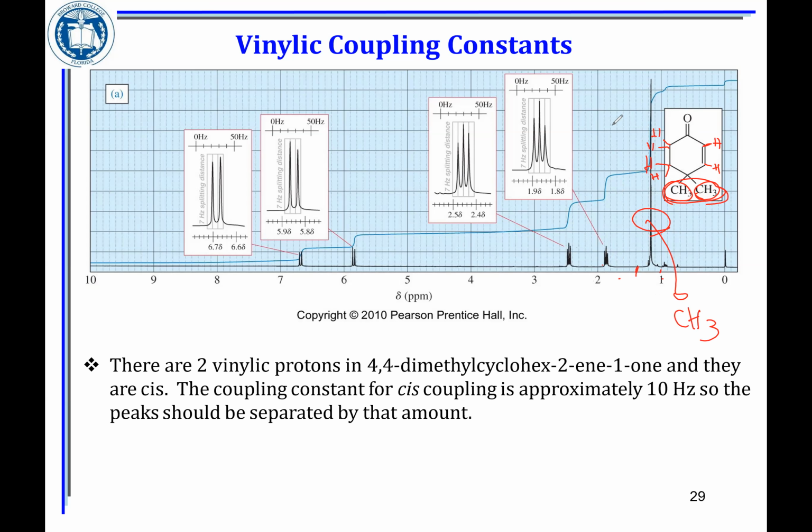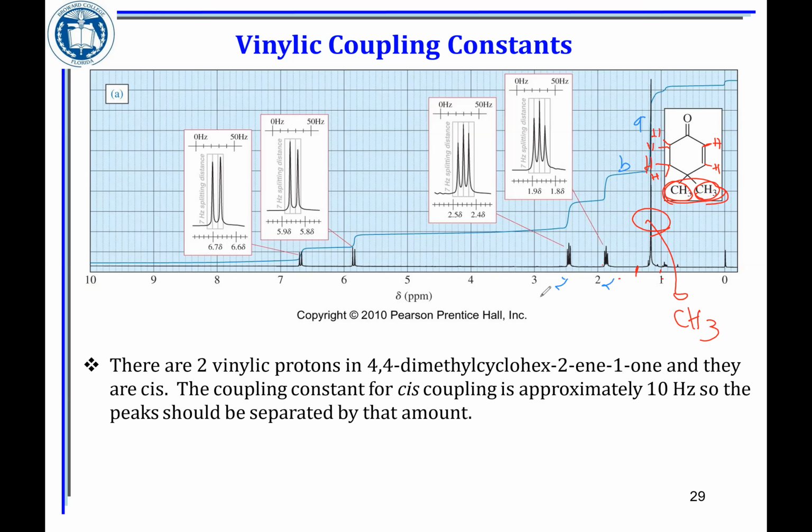The CH2s are coming from hydrogen A and hydrogen B. Which one is hydrogen A and which one is hydrogen B? I give you a hint, but I do expect an answer.